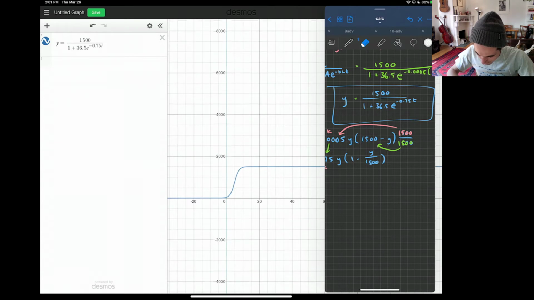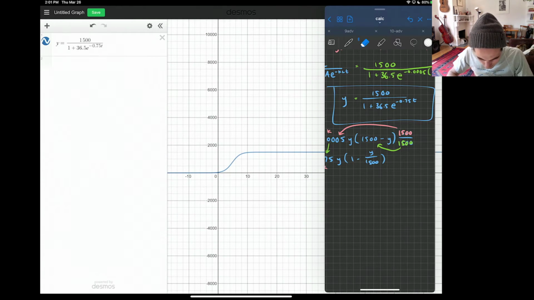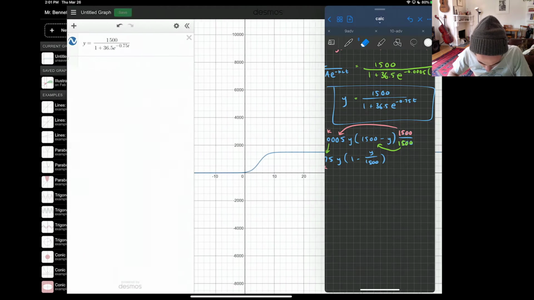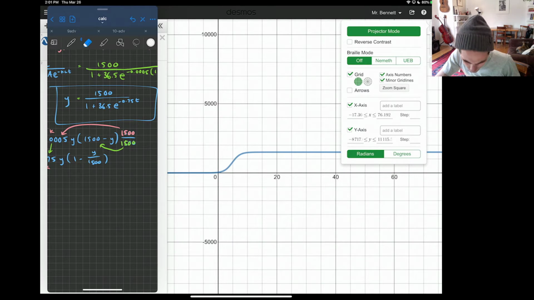And why don't I squish the x-axis down? Hey, look at that. Too bad we couldn't get a logarithmic scale. I'm sure you can. Does anyone know how to do that on Desmos? Settings? Cool. Like these settings? No. These settings. Okay, x-axis, y-axis, step, radians, degrees, grid, reverse contrast, projector mode. Oh, that's nice.